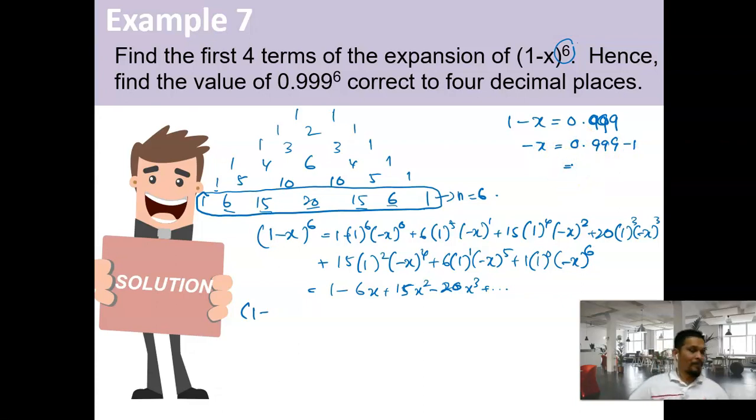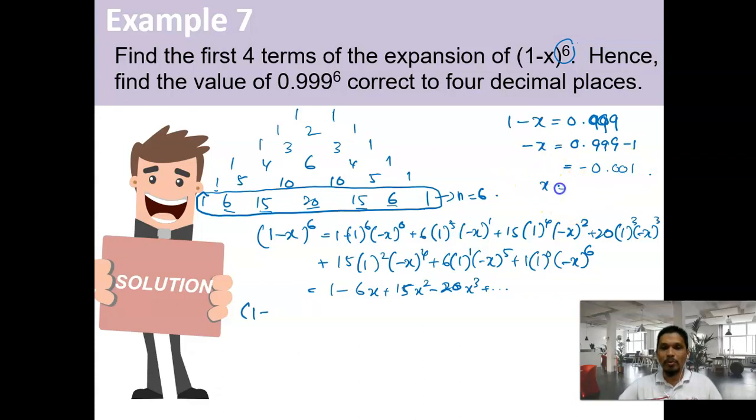0.999 minus 1 is equal to negative 0.001.